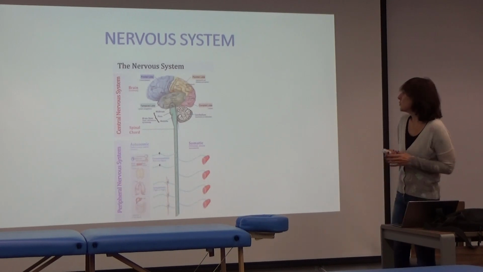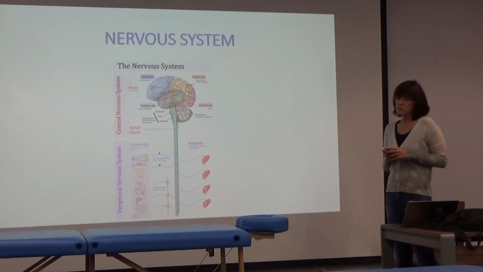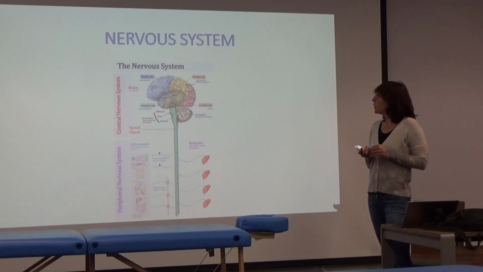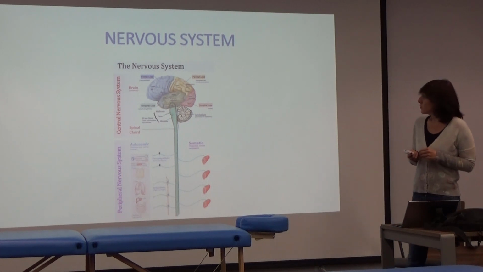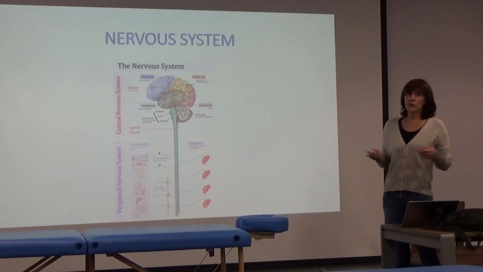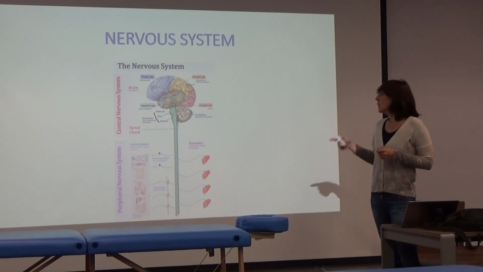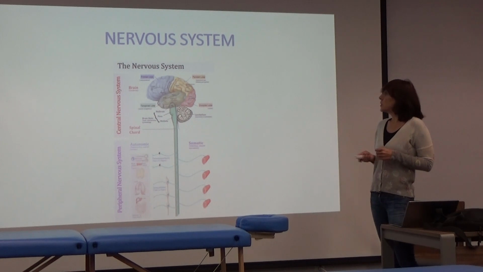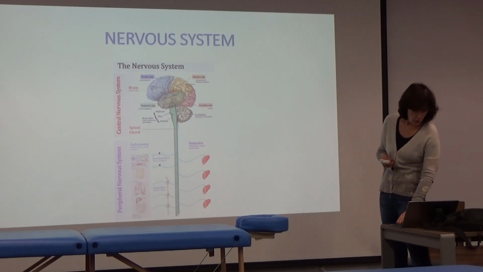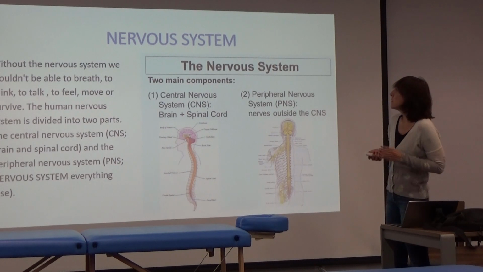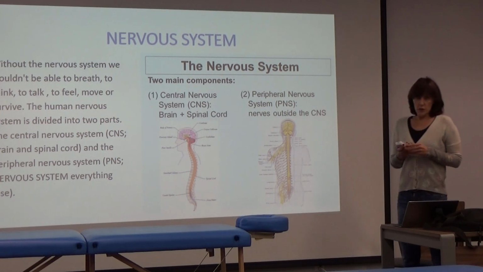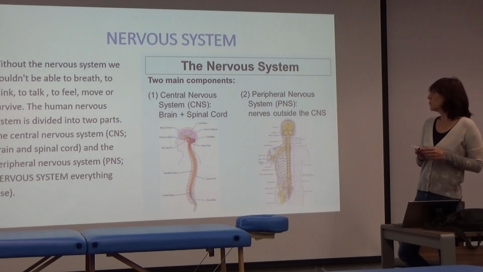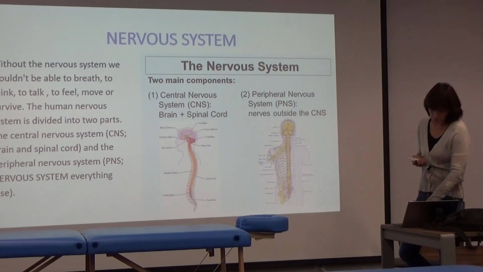Okay, so this is the nervous system, and that's our main regulatory system in the body, and we have central nervous system and peripheral nervous system. So all the information from outside of the world is going to travel by the cords of peripheral nervous system and then eventually get into our central nervous system for processing. Without the nervous system working properly, we cannot walk, we cannot breathe, we cannot talk, we cannot do any kind of activities.